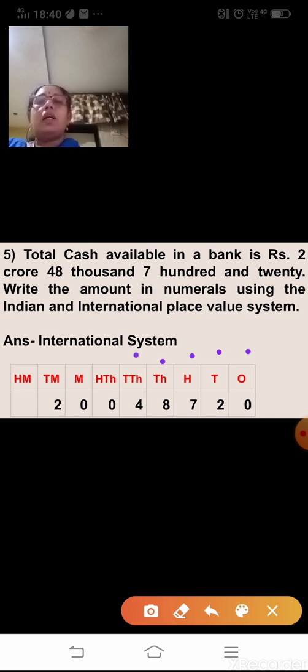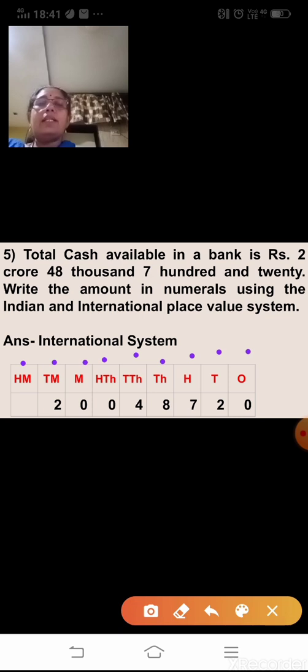Now in the Indian system it was lakh after 10,000, but here you will have 100,000, million, 10 million, and then 100 million. Now when you write this number, it is 2 crore. According to the international system, it will come under the 10 million column. So you will write 2 under 10 million, then 0, 0, then 48 under the thousands column, 48,000, in 100,000 it will be 0, then 720.